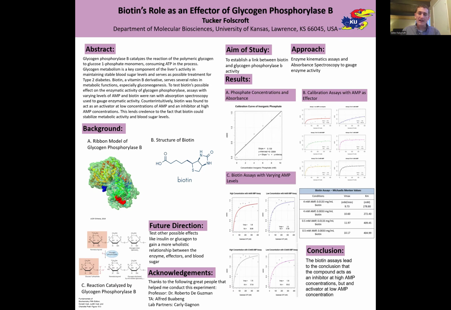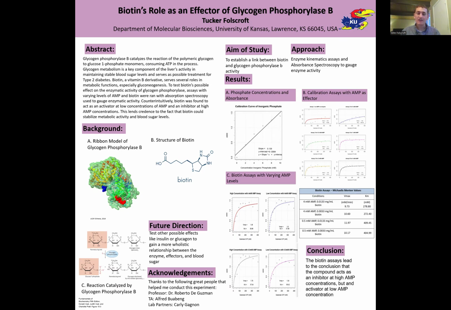But before we actually added biotin to our assays, we needed a point of reference. So first we did calibration assays with varying concentrations of AMP, or adenosine monophosphate, as an effector of the enzyme. Adenosine monophosphates can be indicative of low energy levels and low glucose levels within the cell.